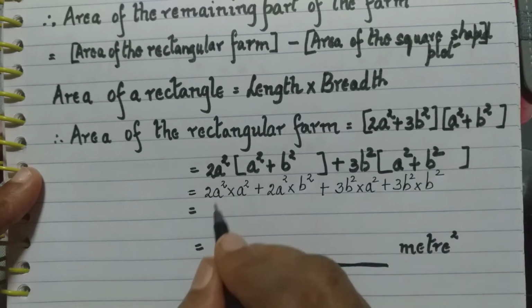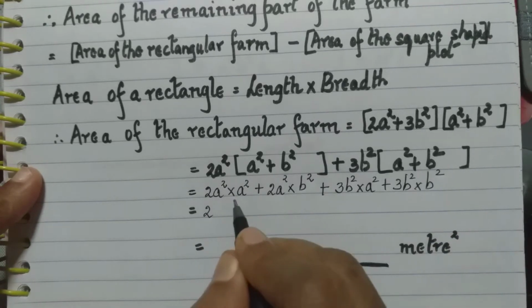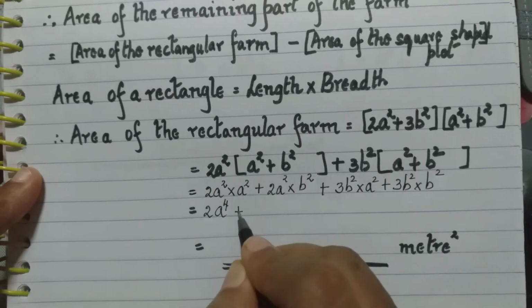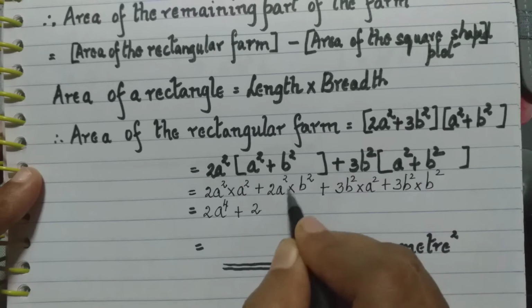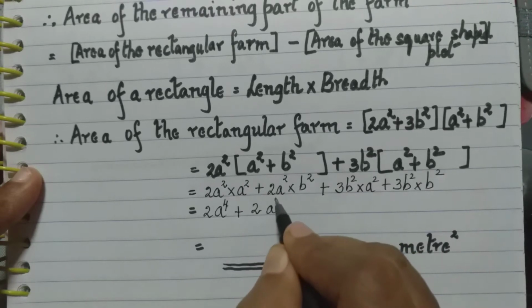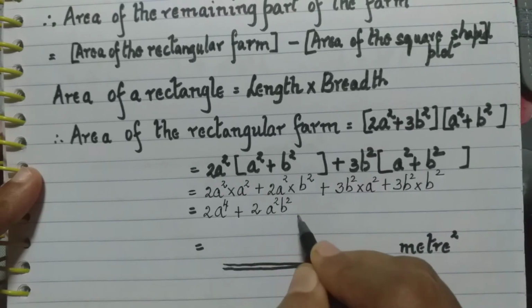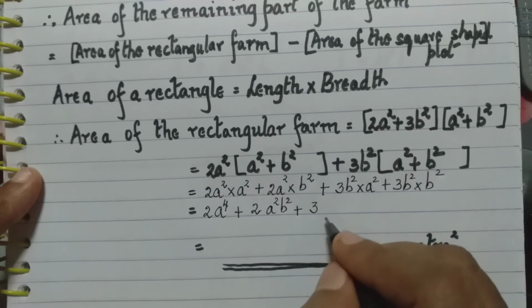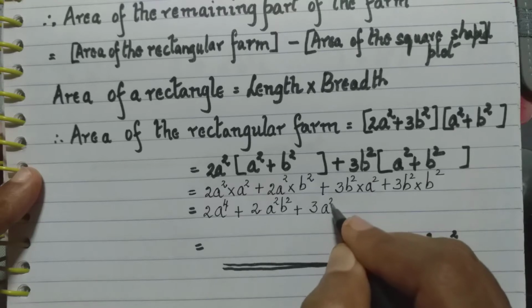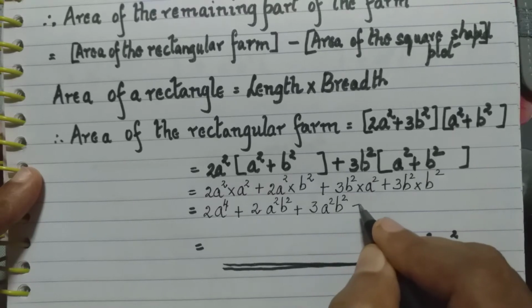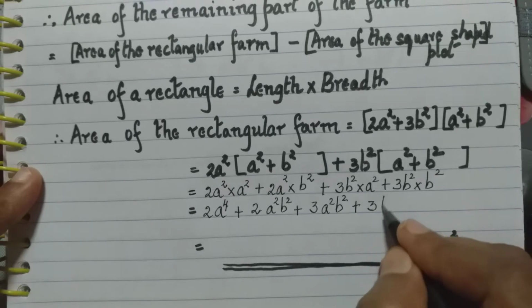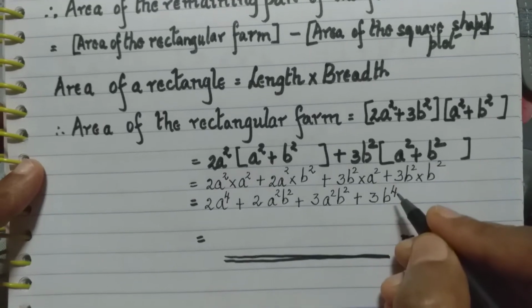So this will be now 2a square into a square, a raised to 4, plus 2a square b square plus 3b square into a square is 3a square b square, plus 3b square into b square, 3b raised to 4.